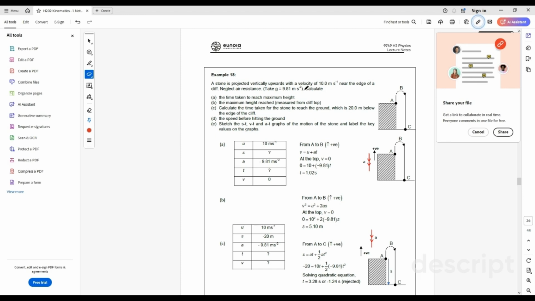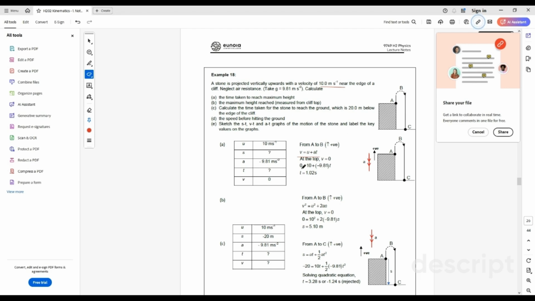The stone is projected vertically upwards with a velocity of 10 meters per second. Find the time taken to reach the maximum height. Now, using one of the formulas that I showed you just now, we always want to take note of formulas where the variables are known. So using this formula, v equals u plus at, we know that when it reaches the maximum height, the stone will have a velocity of 0.